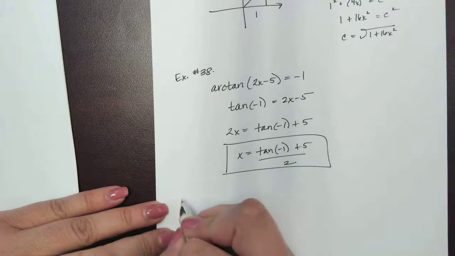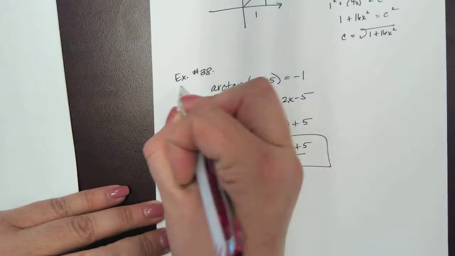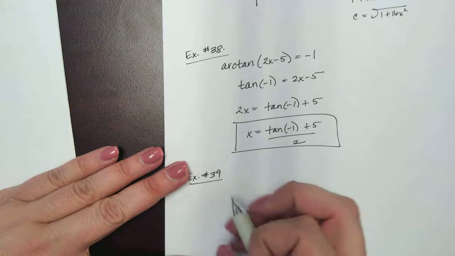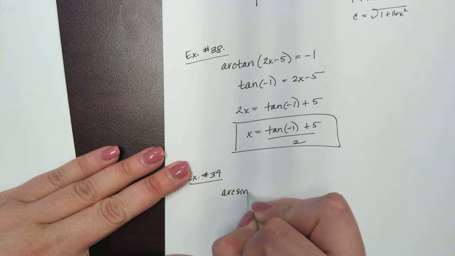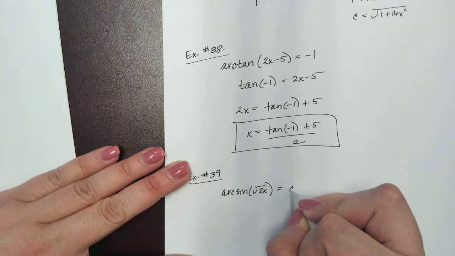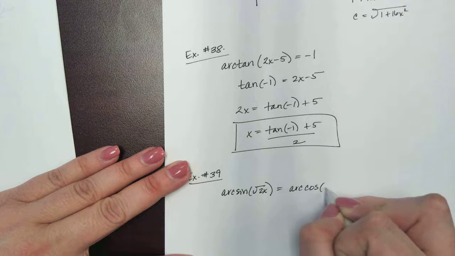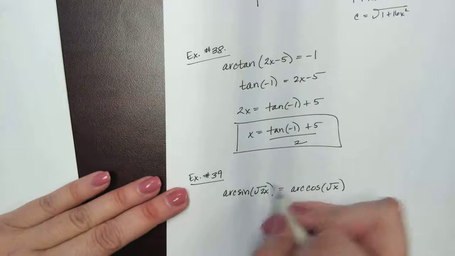Okay, example number 39. This has arc sine of square root 2x equals arc cosine of square root x. Yes, the x is underneath the square root.